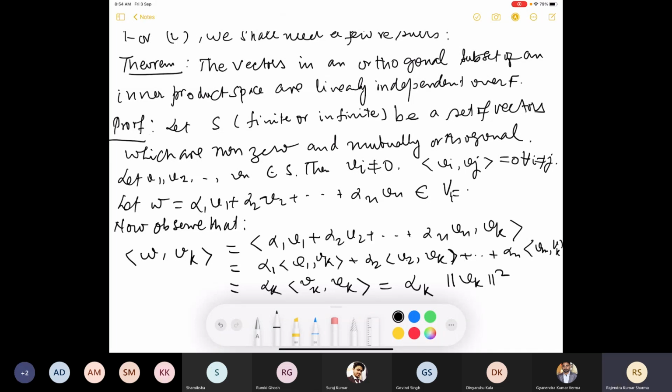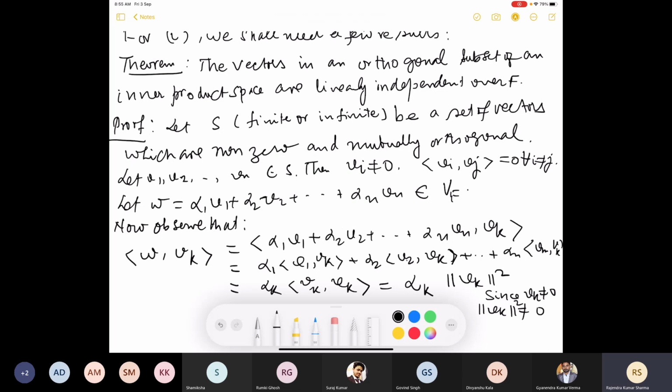And now Vk is not 0, so norm of Vk is not 0. The norm of Vk square is also not 0, and it's a real number, so you can divide by norm of Vk square.